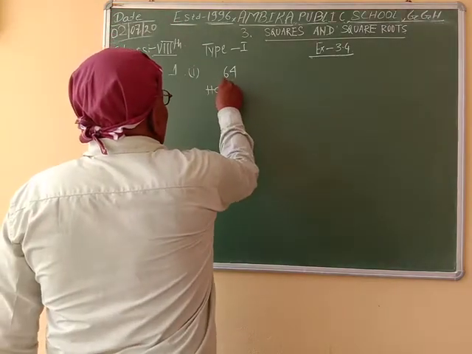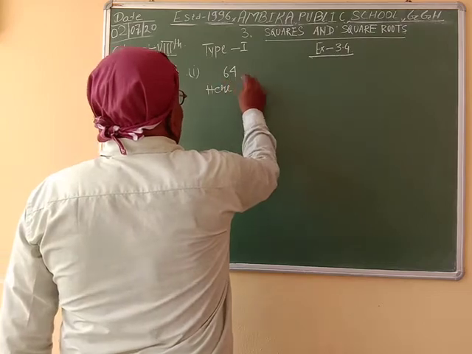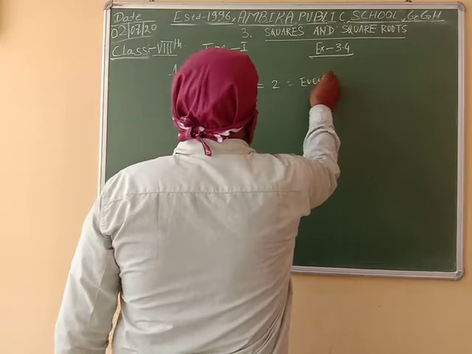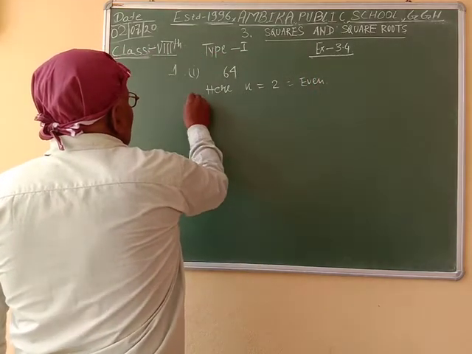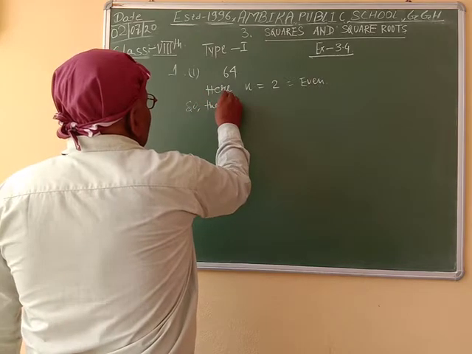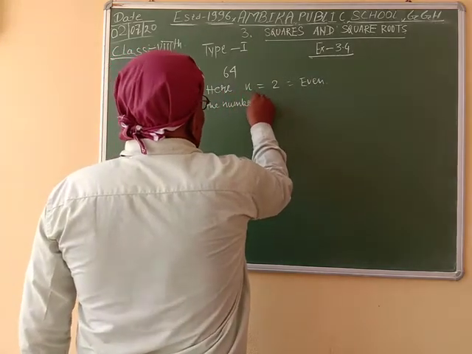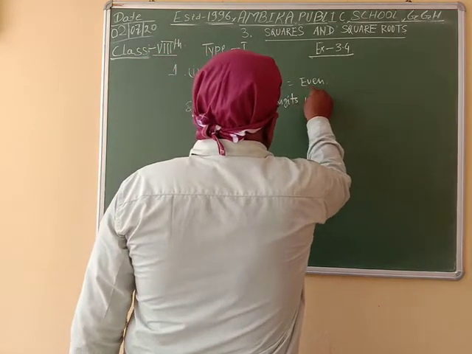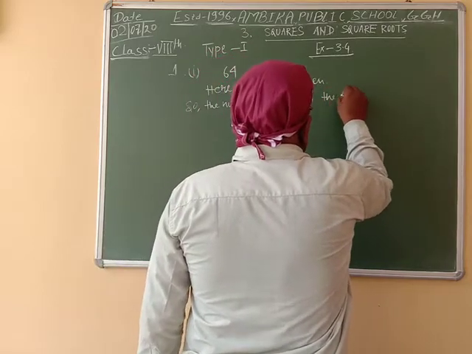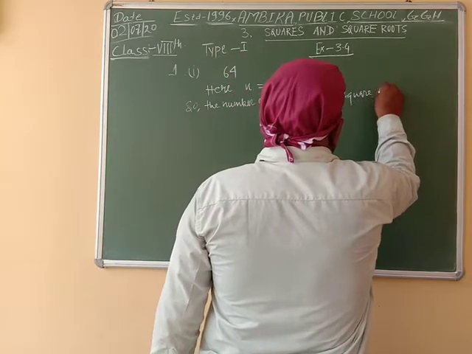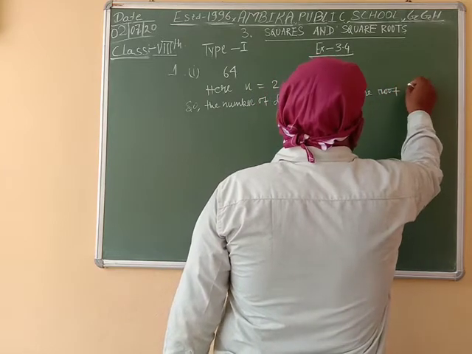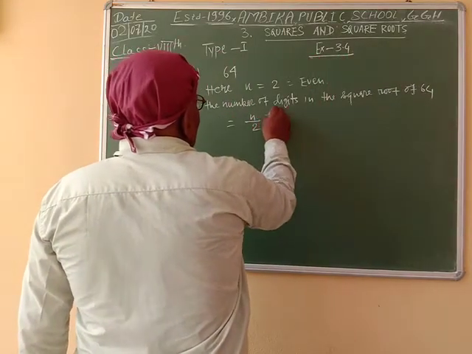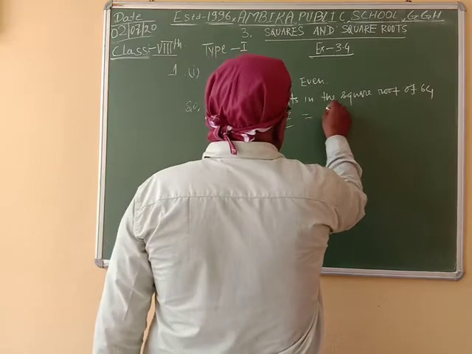Here n is equal to 2, which is even, hence the number of digits in the square root of 64 is equal to n by 2 is equal to 2 by 2 is equal to 1.